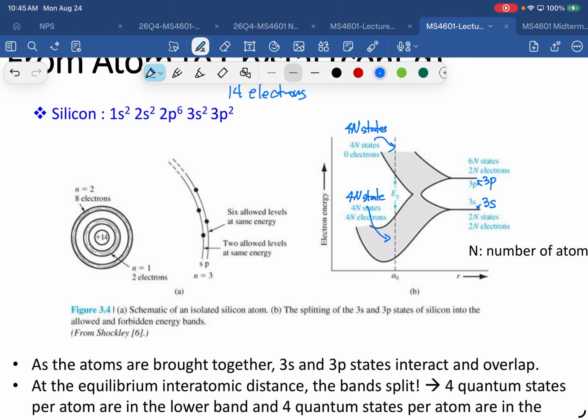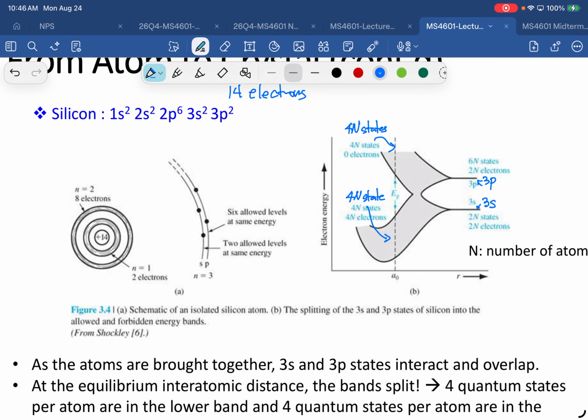This is very interesting in that 3s, how many available spaces does it have? 2, right? What about 3p? 6, right? But now when we build a crystal, the energy splitting happens in a weird way, such that it forms a lower band and a higher band, and the lower band has 4 orbital spaces, and the higher band has 4 orbital spaces.